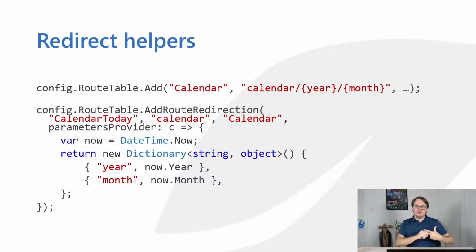Yeah, so you need to use the current date time once the route is hit, not when the route is configured, because it could be weeks ago, or days ago.